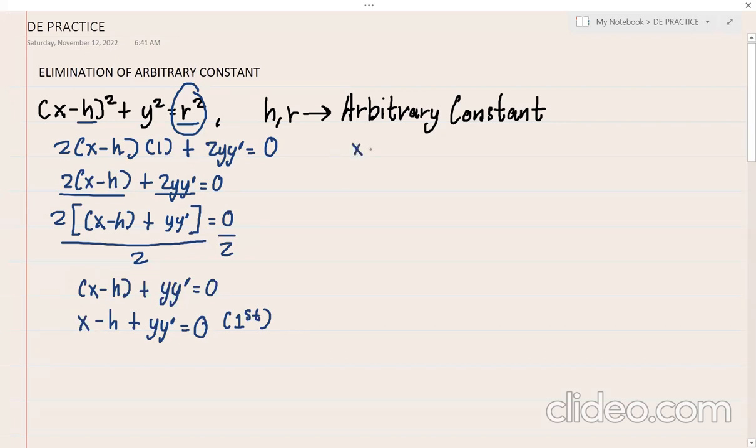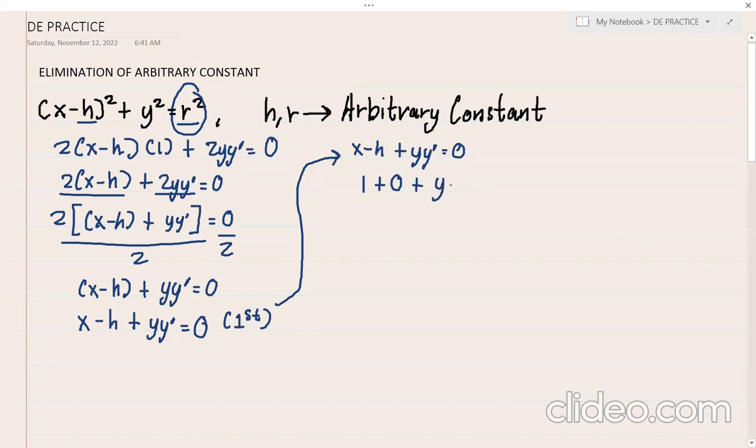So, once again, this is your first derivative, right? x minus h plus y y prime is equal to 0. Okay? So, now, let's get the derivative, the second derivative. So, we will have 1, because the derivative of x is 1. The derivative of negative h is 0 because it's just an arbitrary constant. Then for this one, the derivative of y and y prime, you're going to apply the product rule.